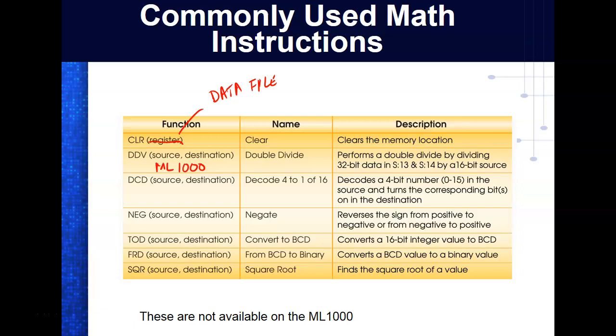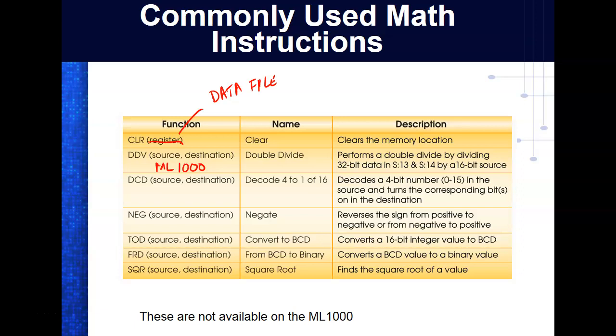One of them has to be 16 bits. I think what you're dividing by can be a maximum of 16 bits, and what you're dividing into can be a maximum of 32 bits. And then if you use an integer file, it's going to round it out.